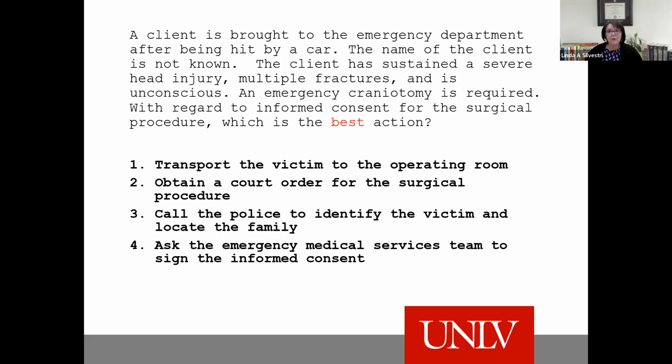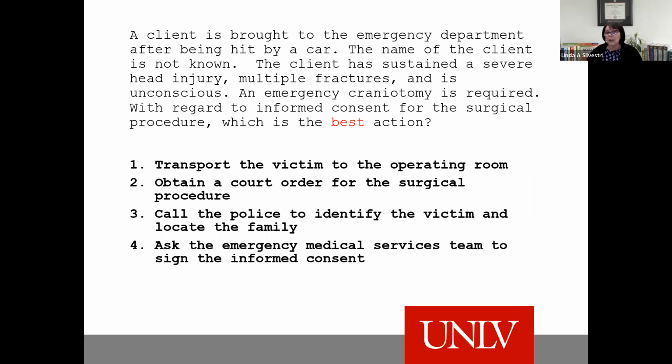The client is supposed to sign the informed consent unless they are unconscious, which is the case here, or they're not mentally competent to be able to do that, in which case the next person who is in charge, in order, for that patient would be signing the informed consent. So as a nurse, our responsibilities, we can witness the client signing an informed consent.